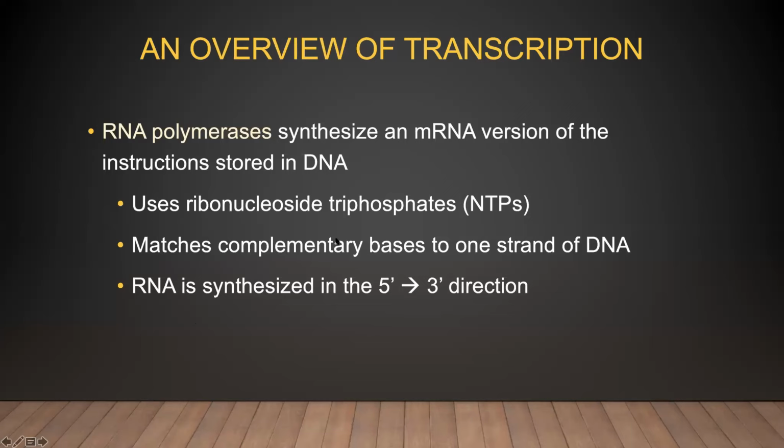We're still going to use complementary base pairing. We will use one strand of the DNA in order to code for the particular messenger RNA strand that we're interested in. And again, we're still going to synthesize in that 5' to 3' direction, meaning I have to keep adding things onto the 3' end. This is very similar to what we saw with DNA synthesis.